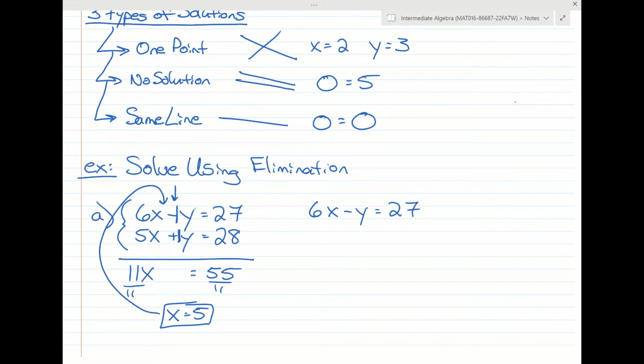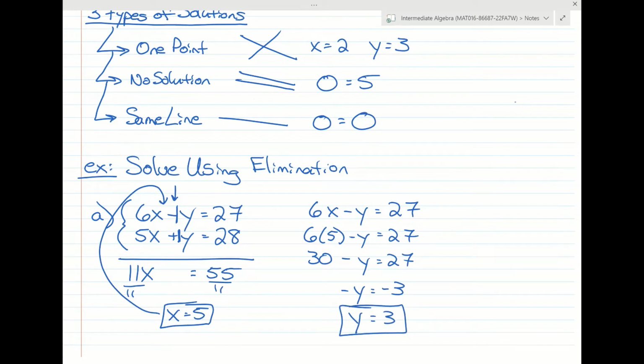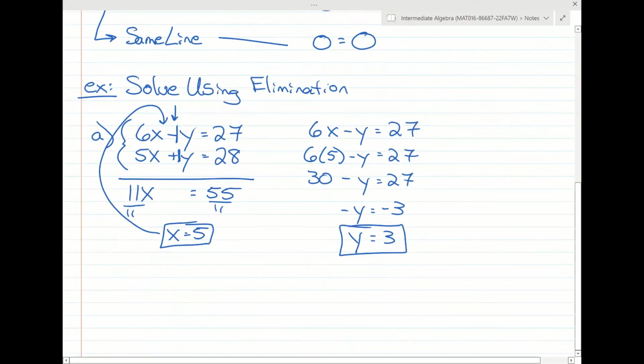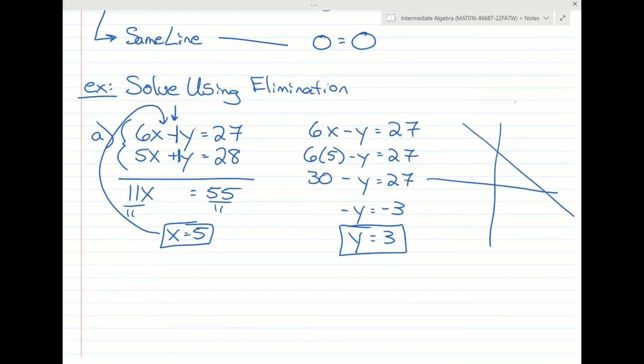So plug in 5 for x, and then just solve, and we get y is equal to 3. So this obviously looks like there's one solution. The solution would be x is 5, y is 3. If we were to graph those two lines by either using slope-intercept form or by graphing the x and y intercepts, we would see that they would cross at 5, 3.